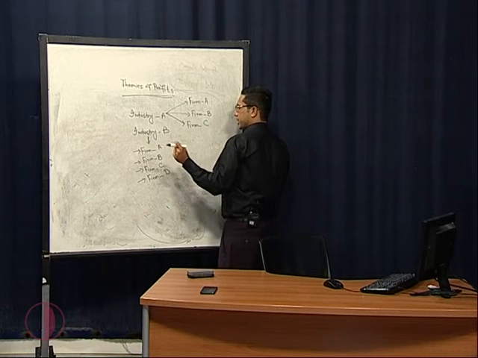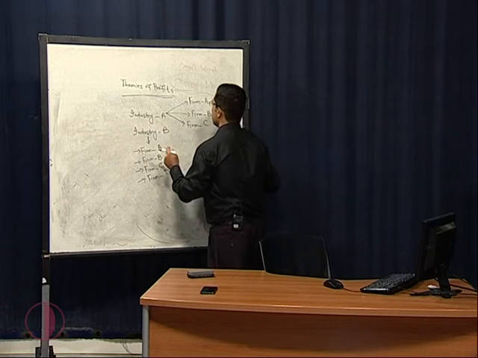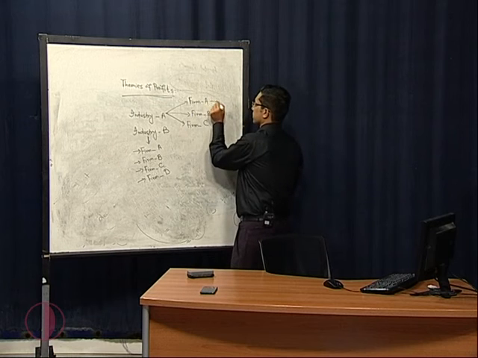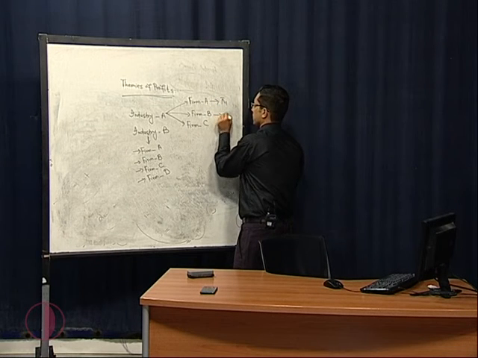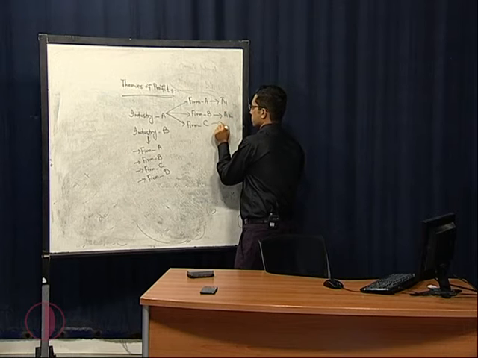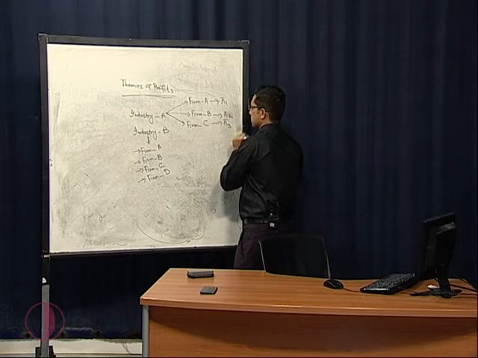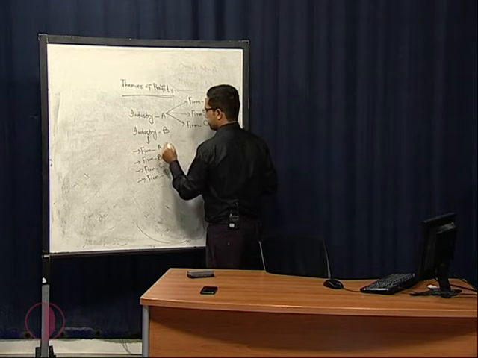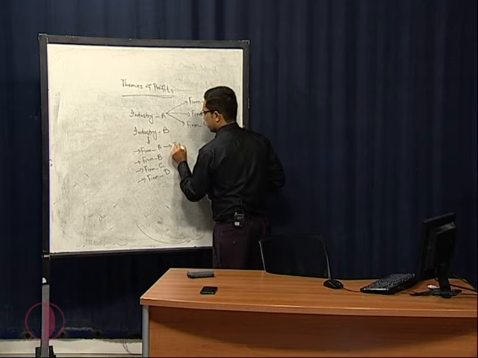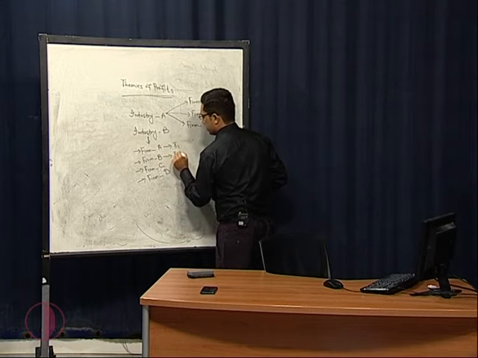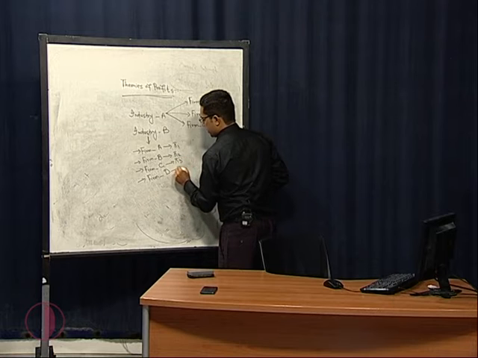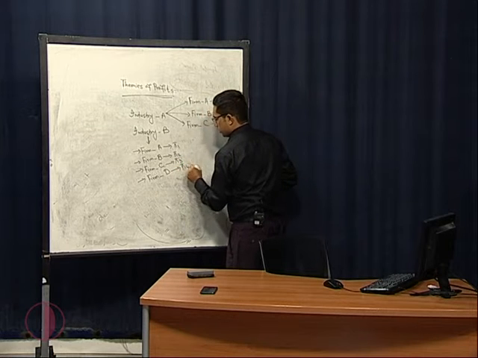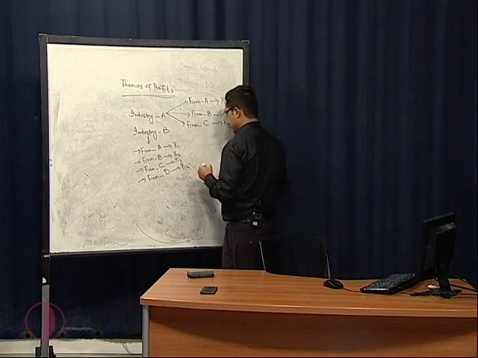The key question arises: why are the profits, for example, firm A's profit pi 1, pi 2, pi 3, the profits earned by these firms, different?